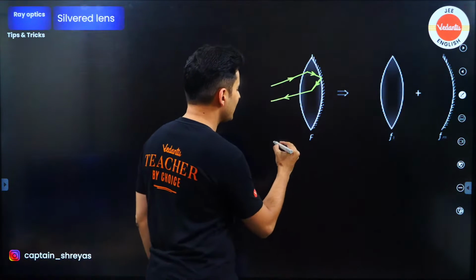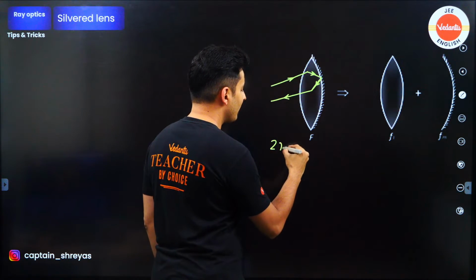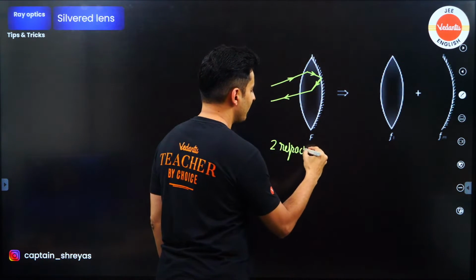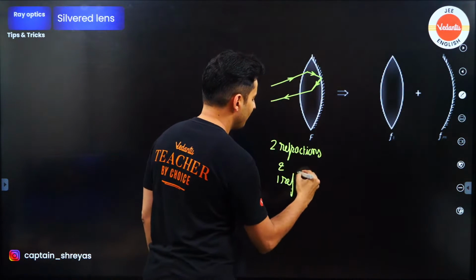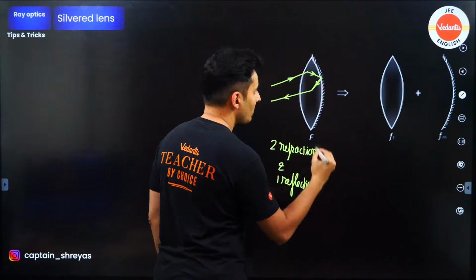There are basically two refractions and one reflection which is going to happen.